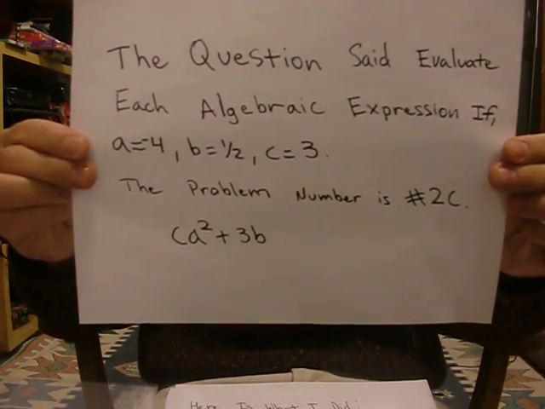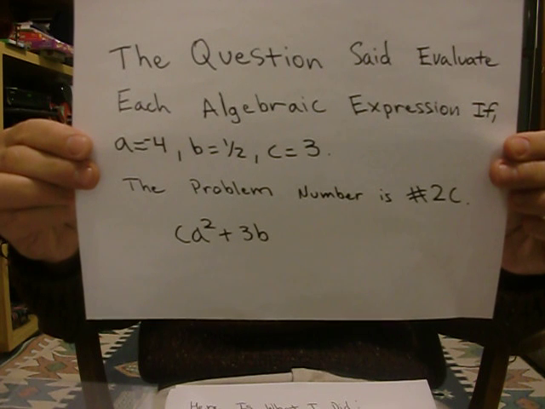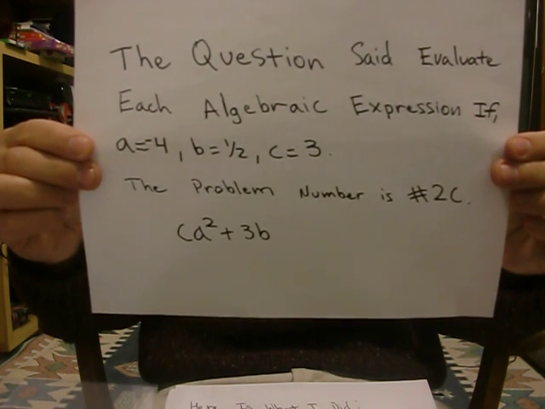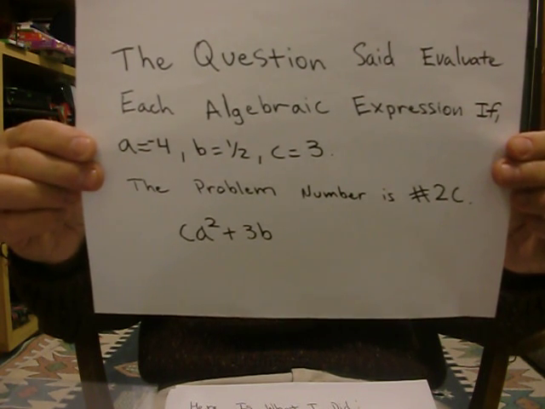The question said, evaluate each algebraic expression if A equals -4, B equals 1/2, and C equals 3. The problem's number is number 2C, and the problem itself is CA squared plus 3B.